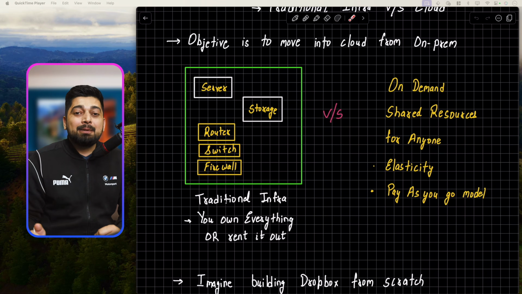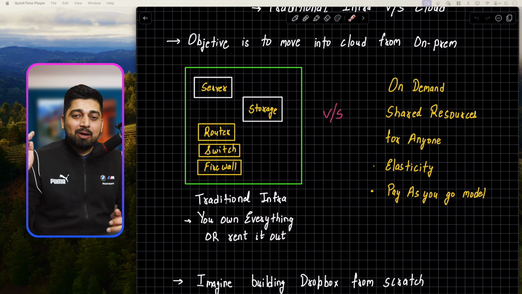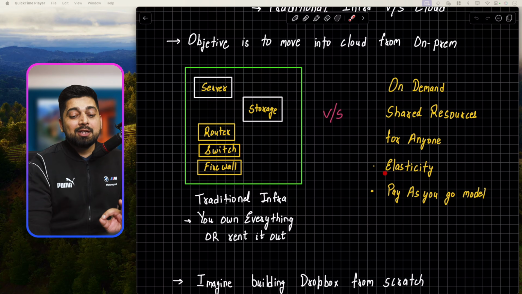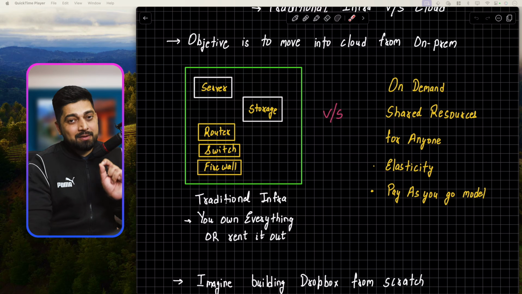When there are a million people watching, you can raise up your compute machines, but when people suddenly drop down to half, scaling down is really difficult, but not comparatively that difficult in the cloud world. So that elasticity is one of the key features. You should write them down in the notes. It will be asked left and right.